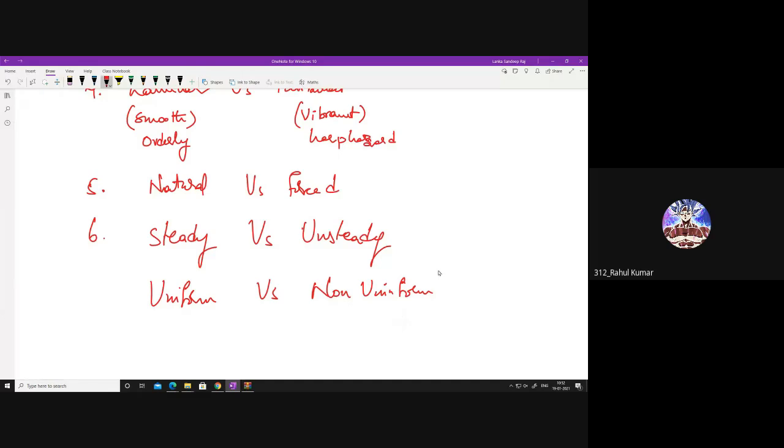Non-uniform will vary with position. This is based on time, and this is based on location or place. And one more kind of classification is 1D flow, 2D flow, 3D flow. So these are all the various classifications. This is quite simple. You will study this classification even in your fluid mechanics.